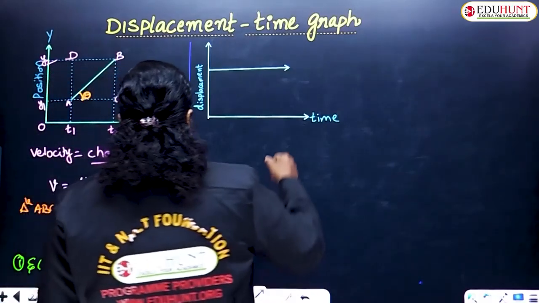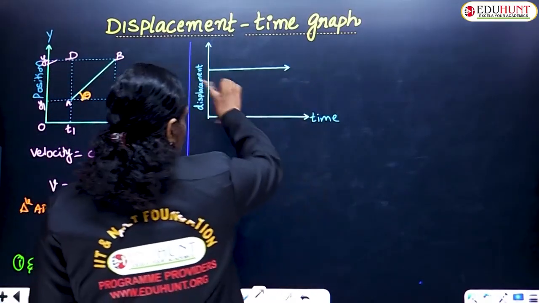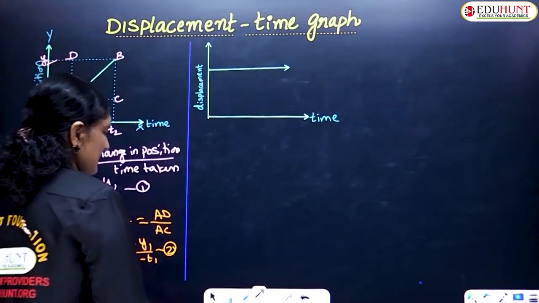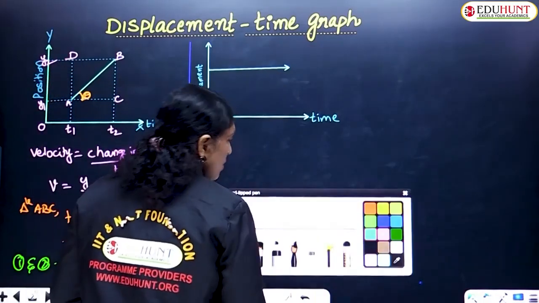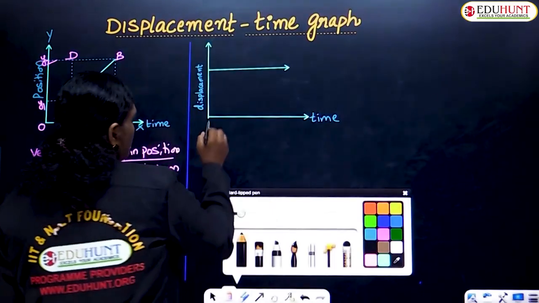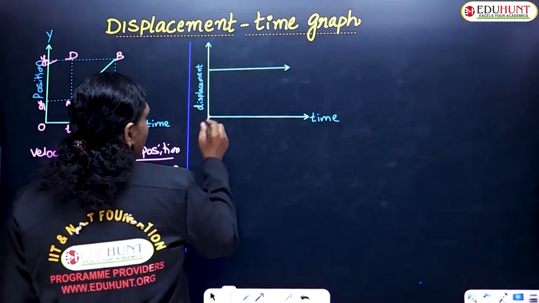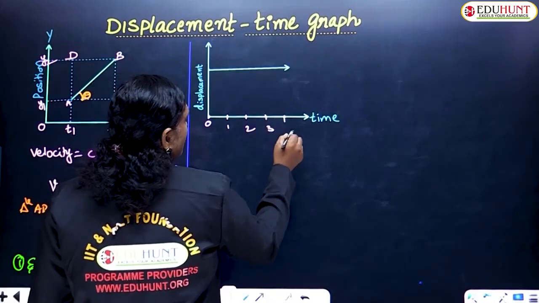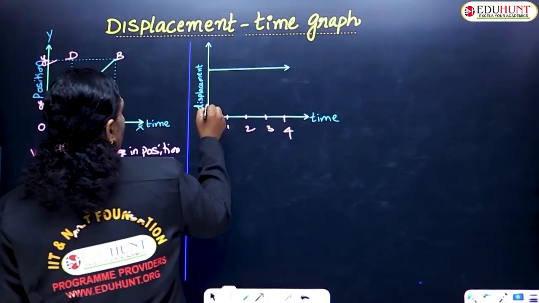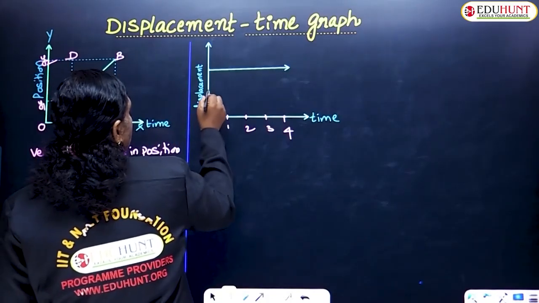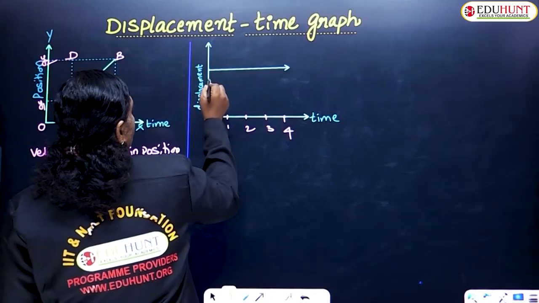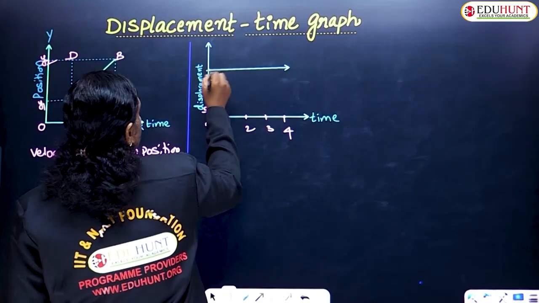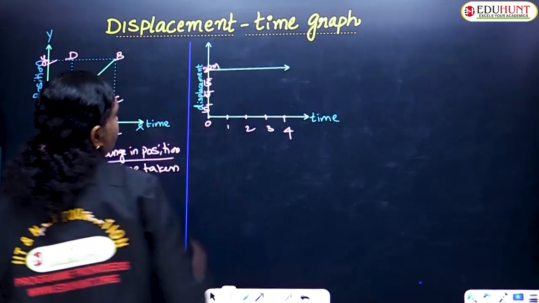Whenever the displacement time graph is parallel to the x-axis, it indicates that the position is always fixed. What does it indicate? Suppose I explain by giving a few values: 0, 1, 2, 3, 4, and so on, and here 5 meters, 10 meters, 15 meters, and 20 meters.